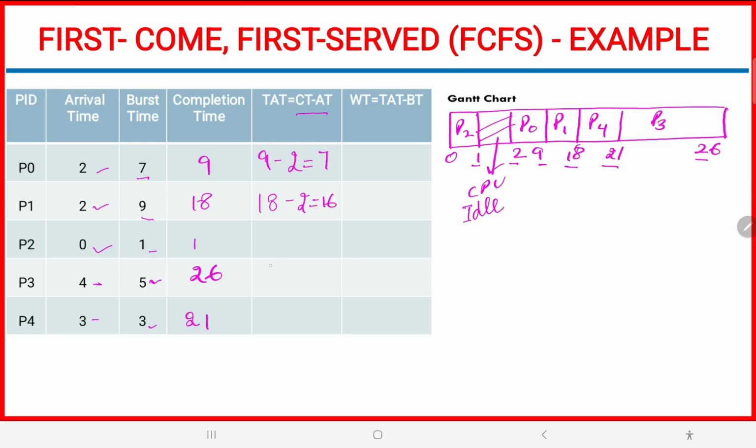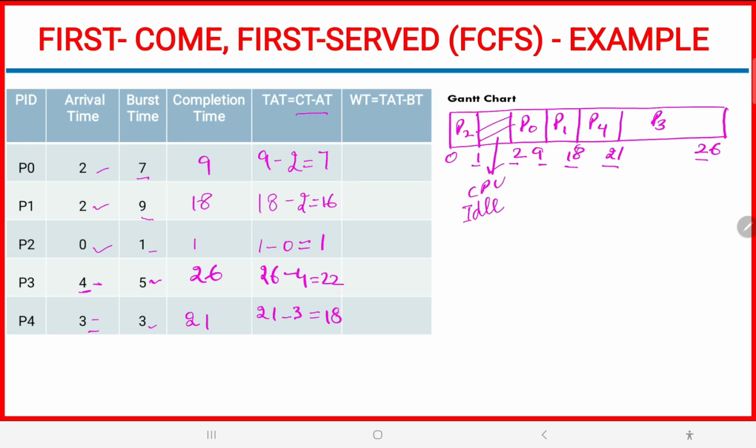Then for process P2 it is 1 minus 0, as P2 came with arrival time 0, so we get 1. Then the completion time of P3 is 26 and its arrival time is 4, so 26 minus 4 comes out to be 22, followed by P4, where the completion time is 21 and the arrival time is 3. So 21 minus 3 comes out to be 18.